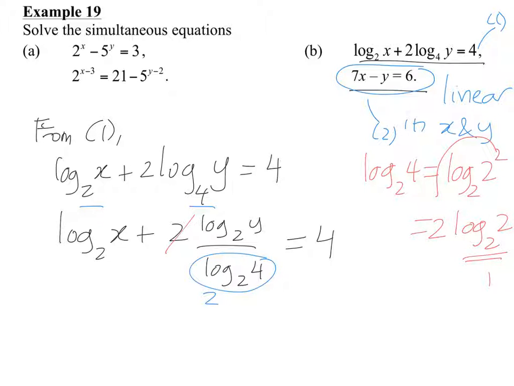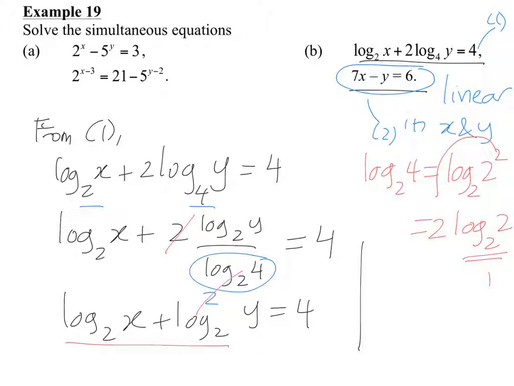Because of that, I can cancel this term, leaving just log base 2 of x plus log base 2 of y equals 4. These two terms can be combined, so I can write log base 2 of xy equals 4. With a simple conversion, I get xy equals 2^4, which is just 16.